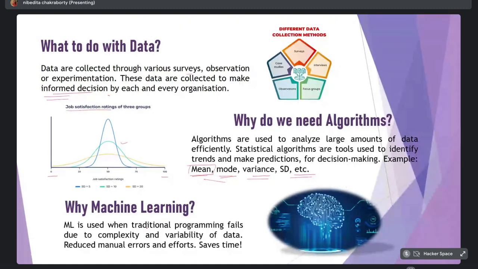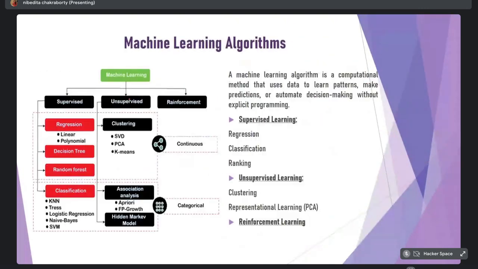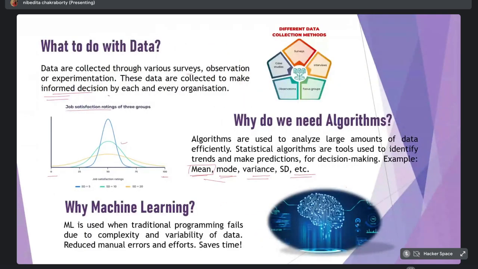Okay, so normal programming does not automate things. I write a program for i in, let's say, range 1 to 10, print hello. This does not automate. This is not automatic.